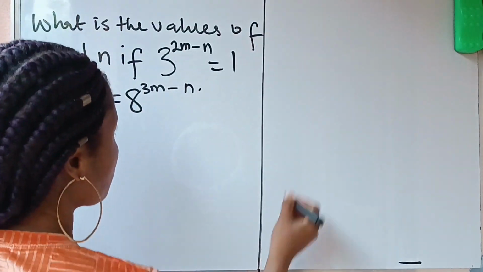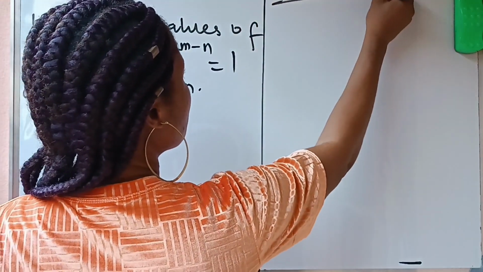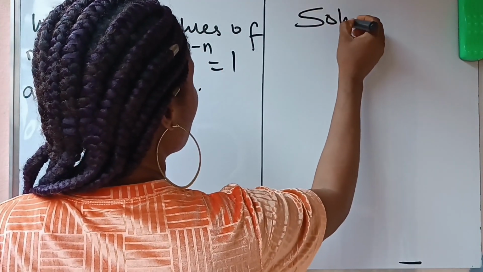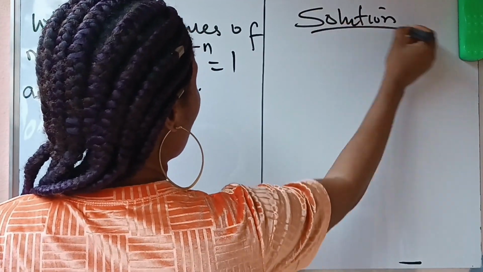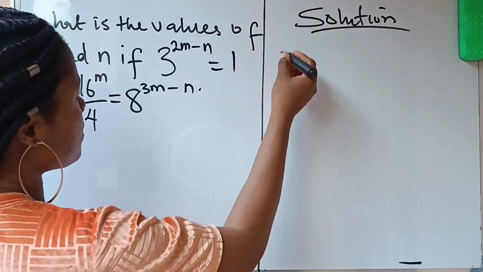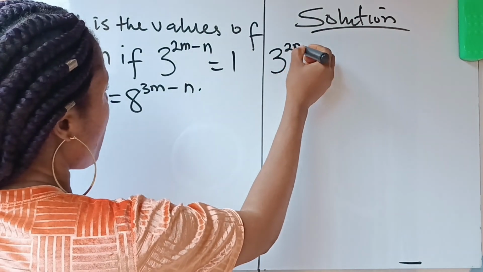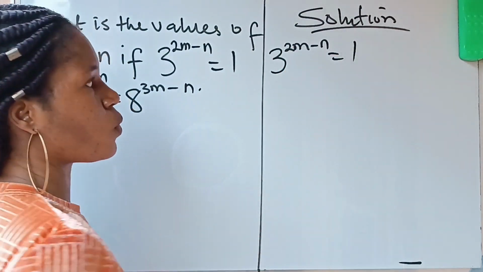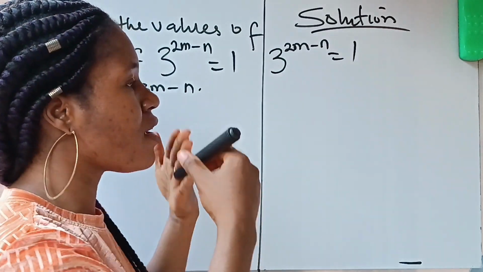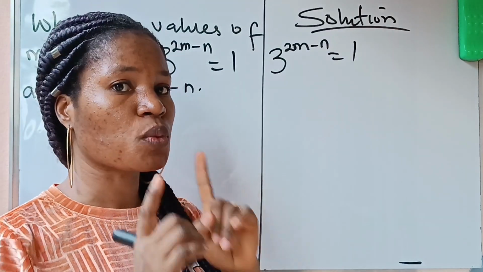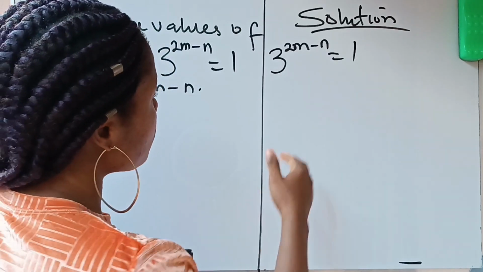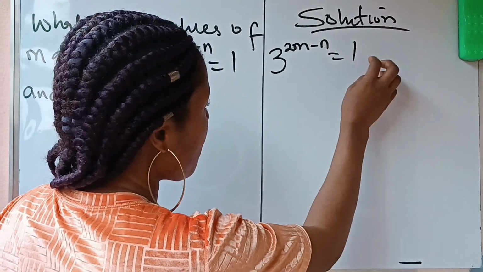Solution. First of all, the first equation says that 3 raised to the power of 2m minus n is equal to 1. This one is very easy because we all know that any number raised to the power of 0 is 1, except 0. Since this is indices, I want to balance their base.